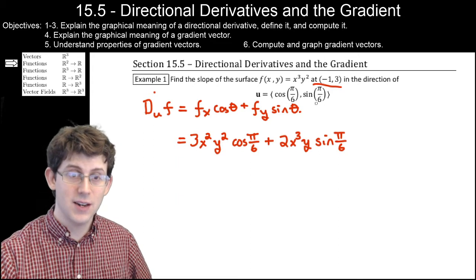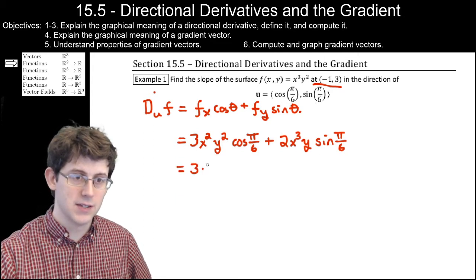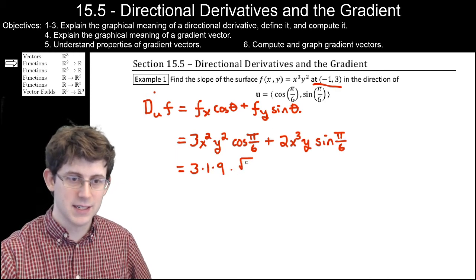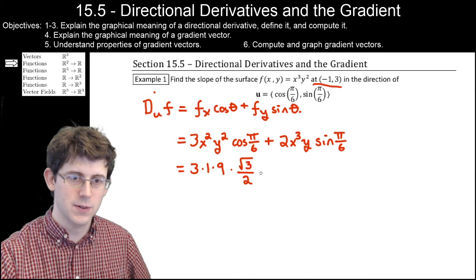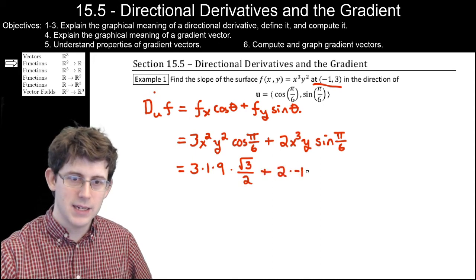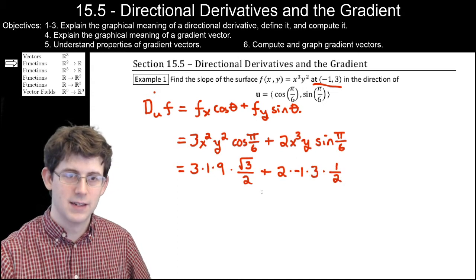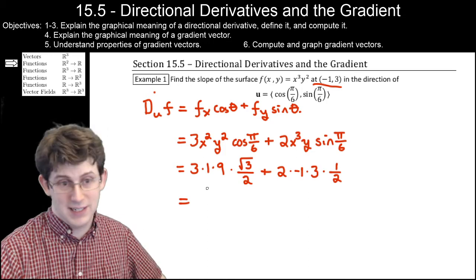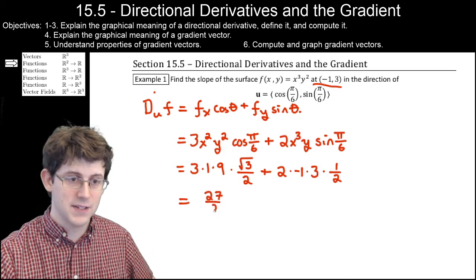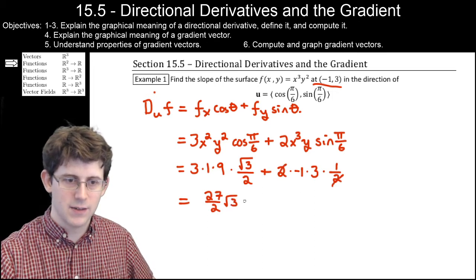So we actually know x and y also. So this is 3 times 1 times 9. And cosine of pi over 6 is just a number, root 3 over 2. x cubed is minus 1, y is 3, and sine of pi over 6 is a half. So this directional derivative turns out not to be so bad. It's 27 halves root 3 minus 3.